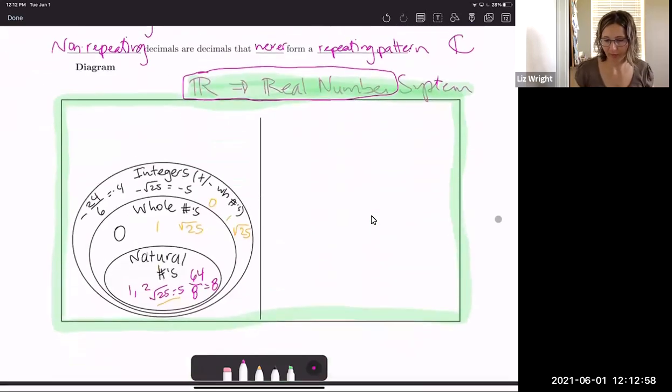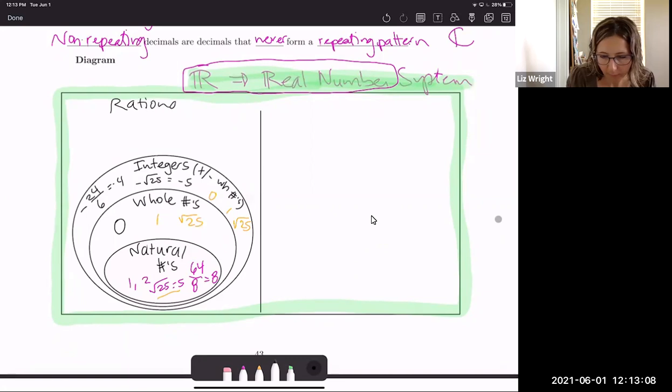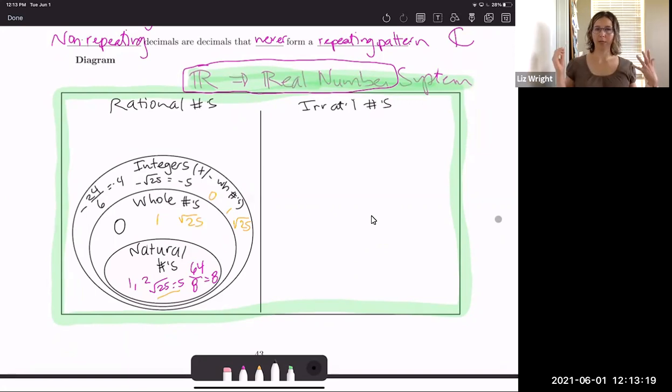All right, so let's come down here. We've got to fill in some stuff here. We've got to fill in our rational numbers, which are going to be over on this side, and our irrational numbers are going to be on this side. I'm going to put in my unique examples to the rational numbers like this.